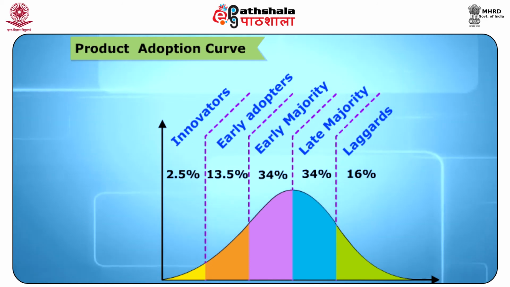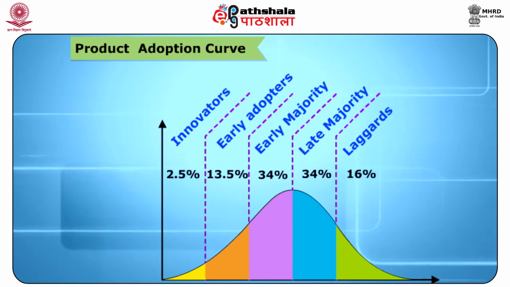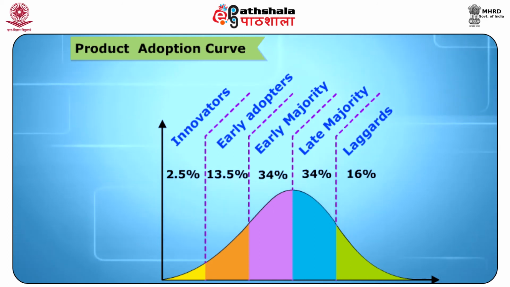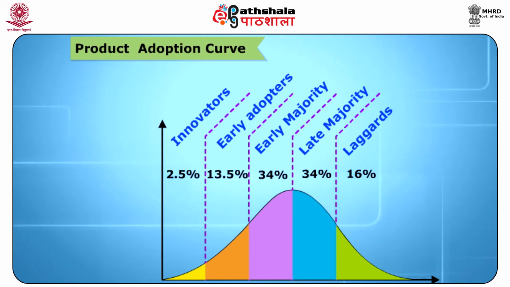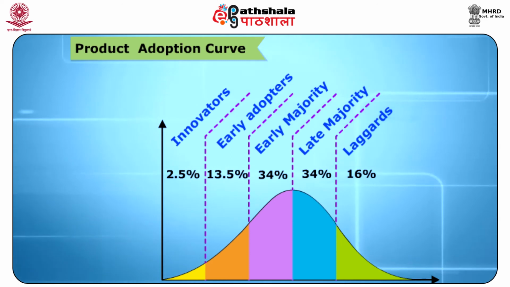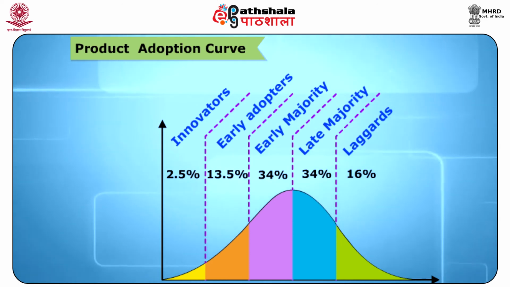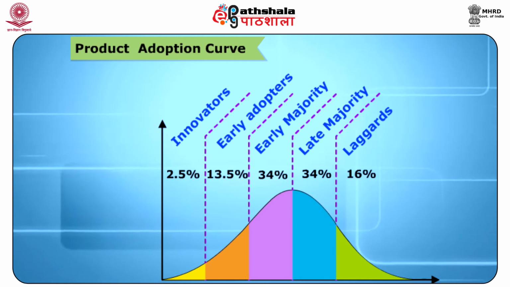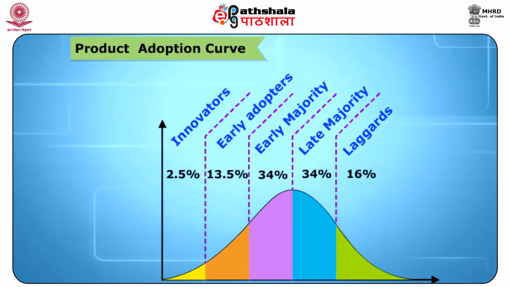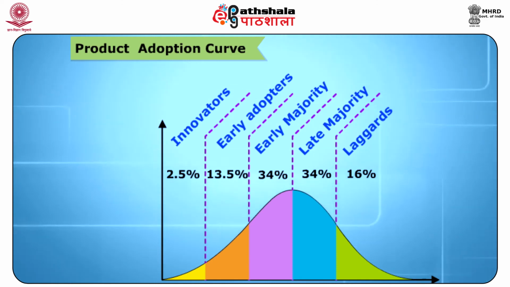The early majority, which is 34%, is given in purple. The late majority, which is again 34%, is given in blue. And finally, we have the laggards, who form 16%, given in green, and is the right tail. They come last of all.